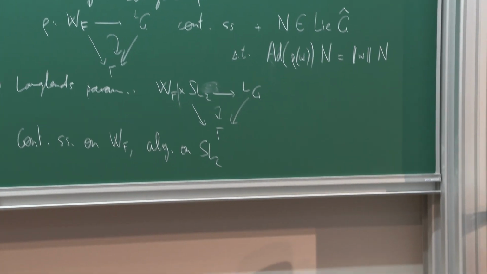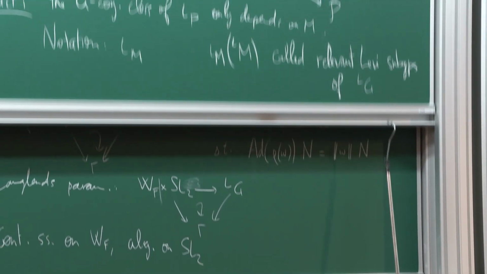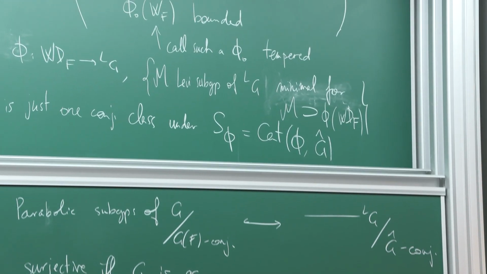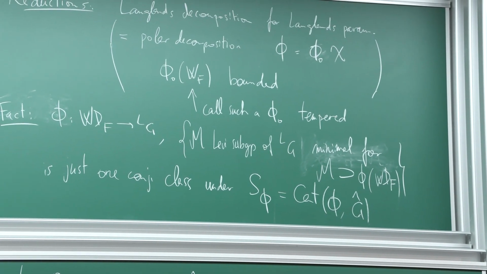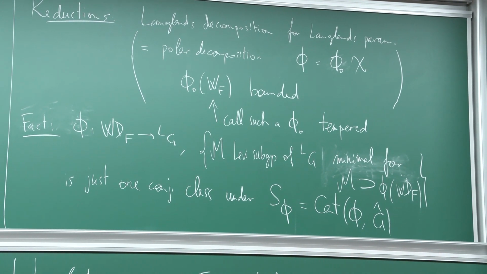And so that's really the generalization to arbitrary dual groups of the decomposition into a direct sum of irreducible representations in the case of linear representations.